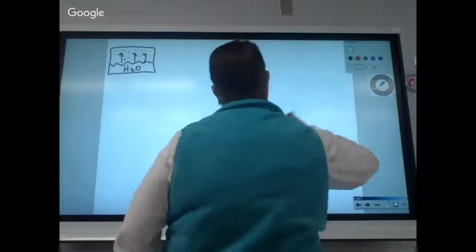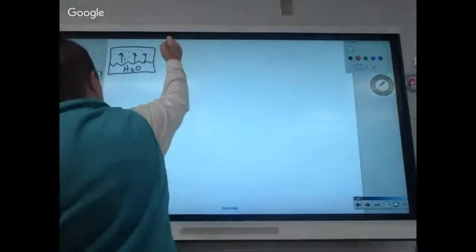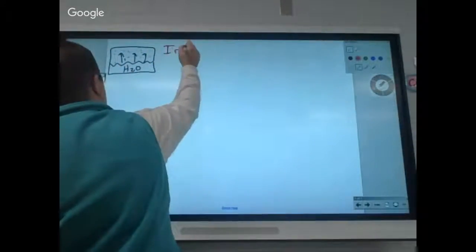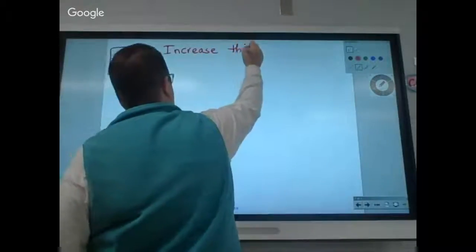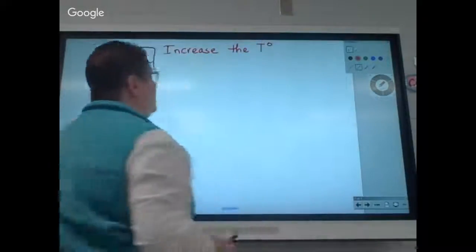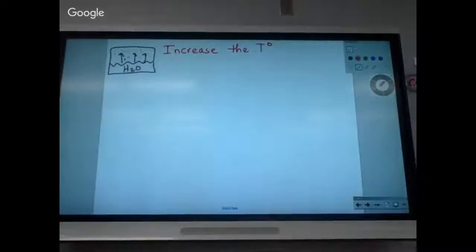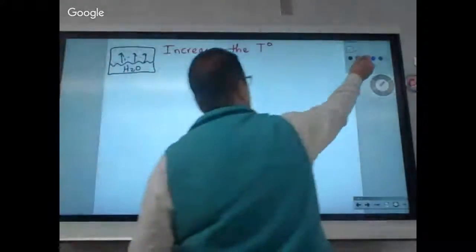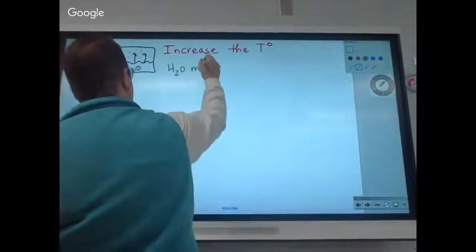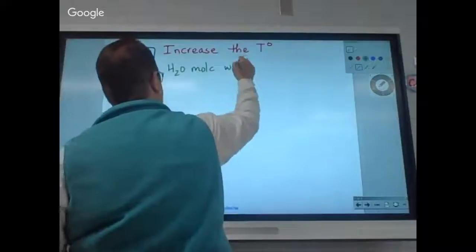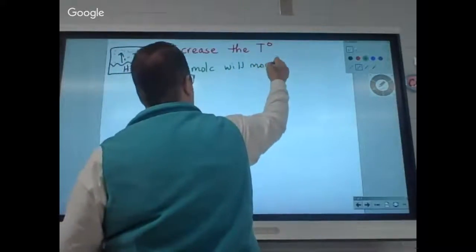So, if I increase the temperature, what's going to happen? It's going to go faster. We increase the temperature, the water molecules will move faster.